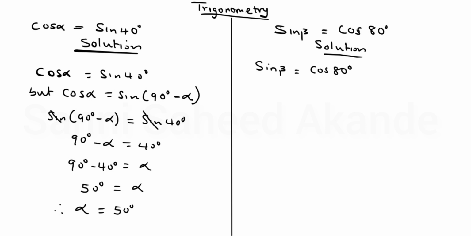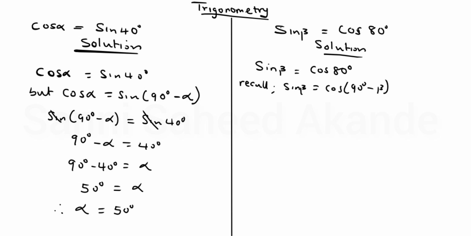You will recall that sine theta, but now I will not use theta, I will use what they gave me in this question, beta. Sine beta is equal to cos of (90 degrees minus beta). Okay, so that's the formula we are going to be using.